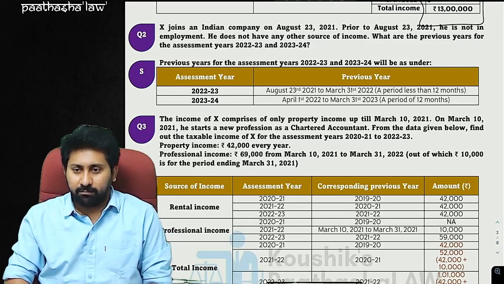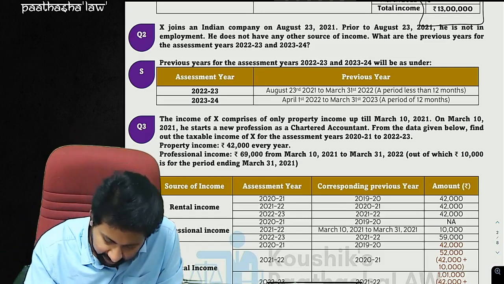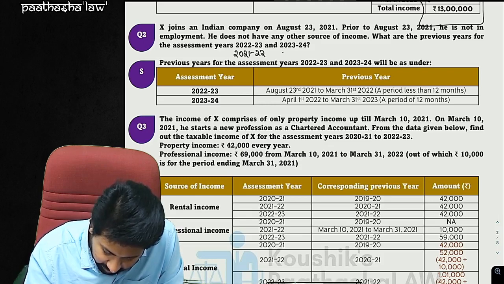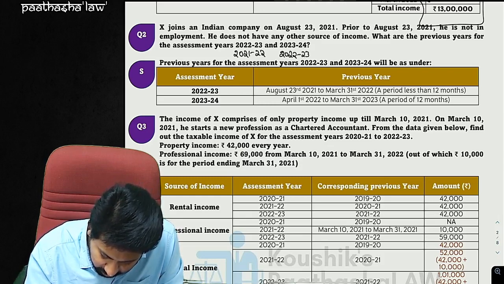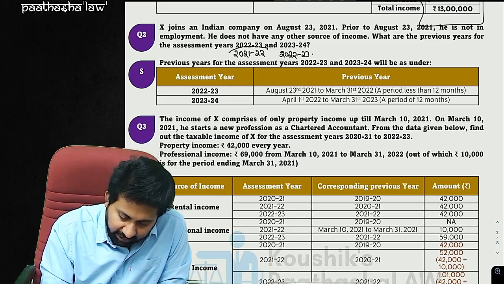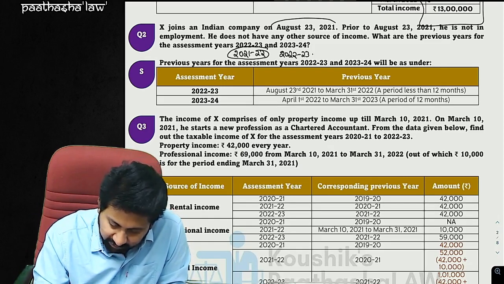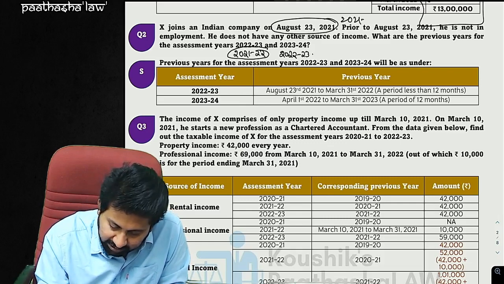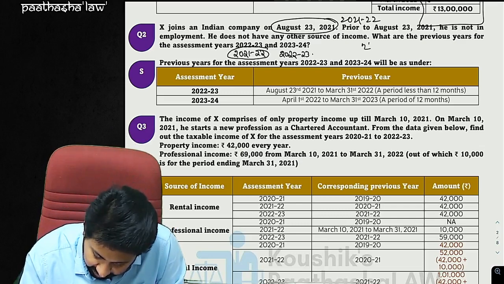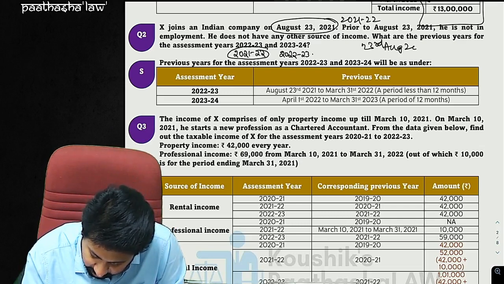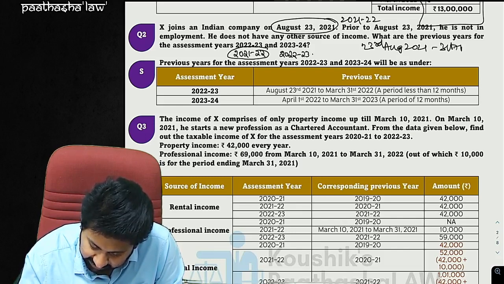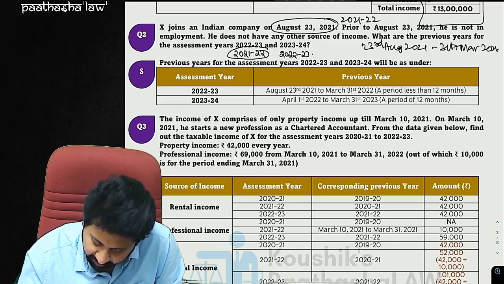Now tell me, assessment year 22-23 means which financial year? 21-22. August 23, 2021 falls under the 21-22 year. The financial year is 23rd August 2021 to 31st March 2022.